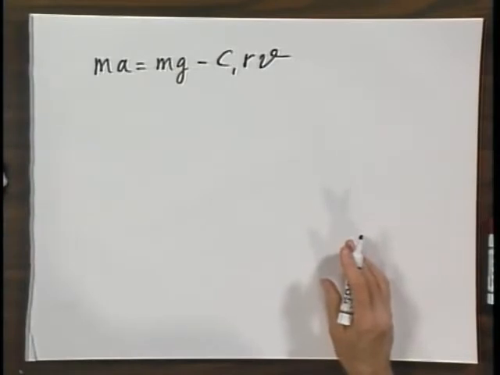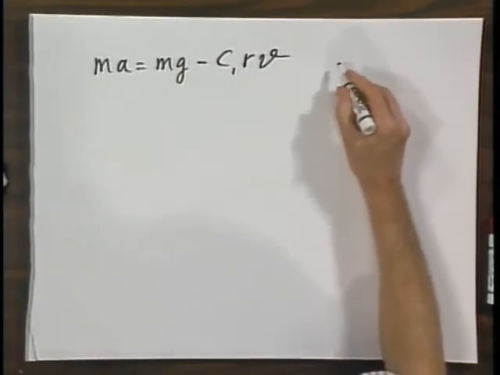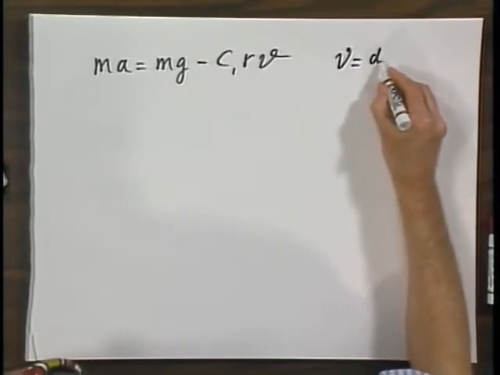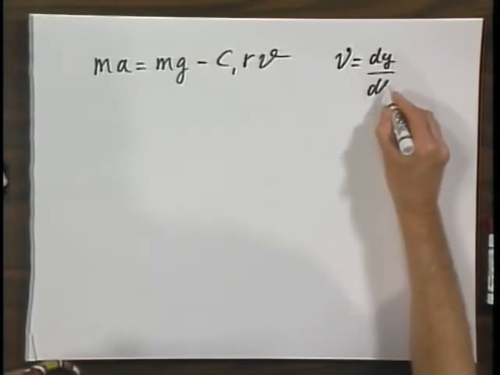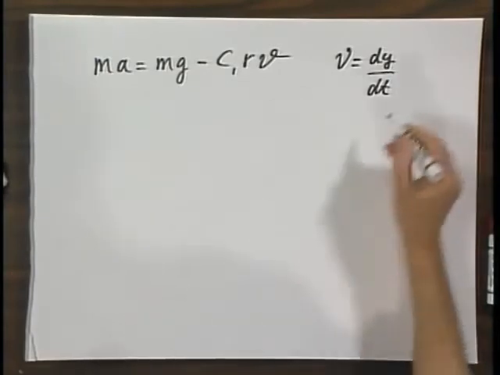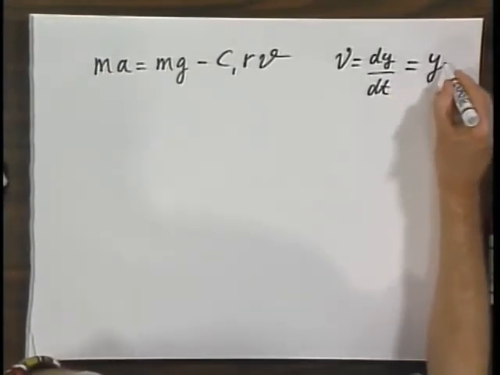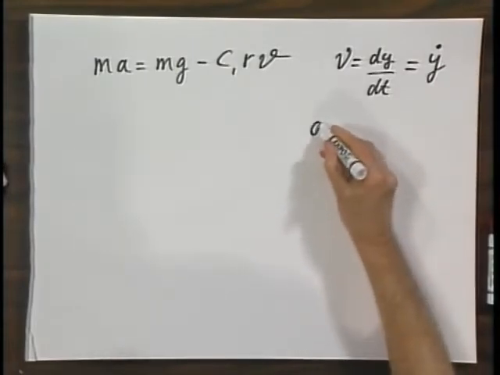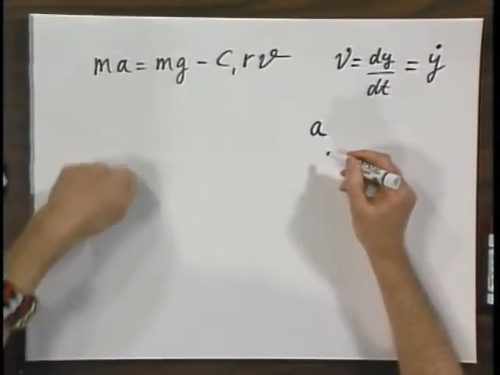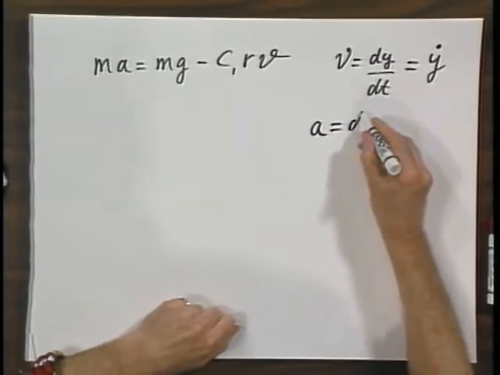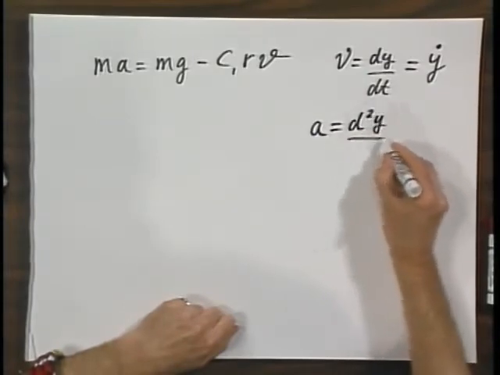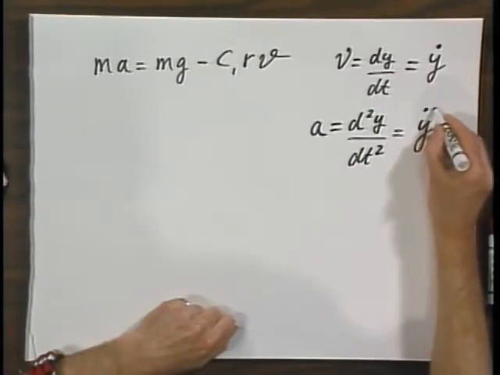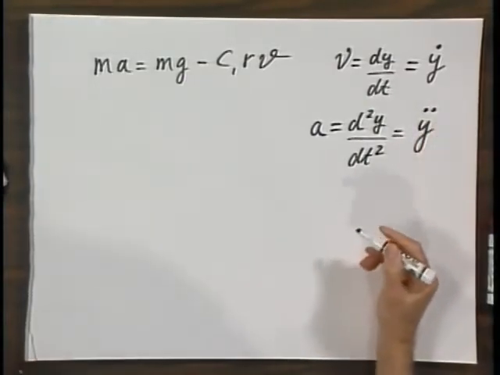I'm going to write down for v, which is dy/dt, where I call this the y direction, y dot. This is my shorthand notation. And for a, which is the acceleration in the y direction, d2y/dt squared, I'm going to write the shorthand notation y double dot.